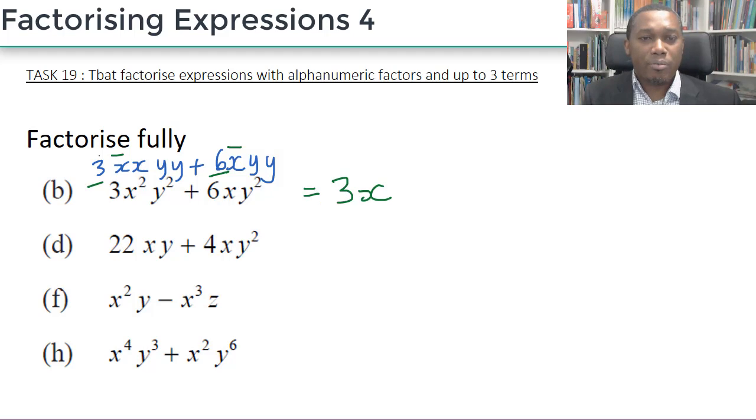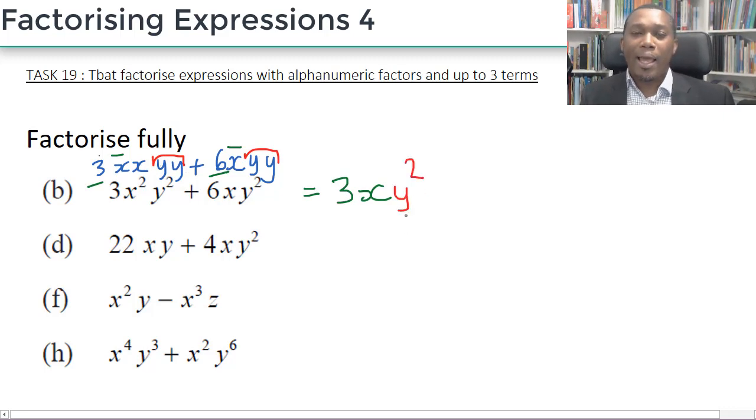There's only one x in common. In terms of the y's, they have both y's in common, so I can write it as y squared. I don't need to write the y's out now, to have to convert it back. It's the whole y times y, that's y squared.